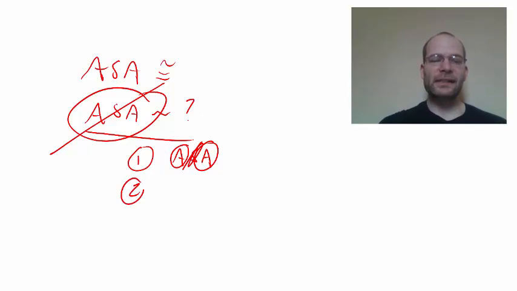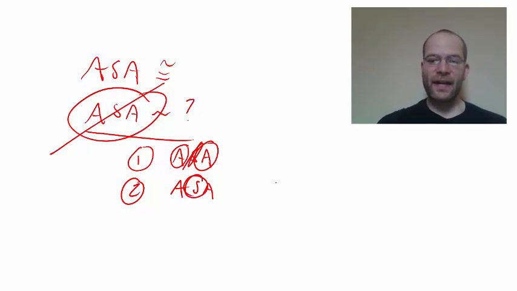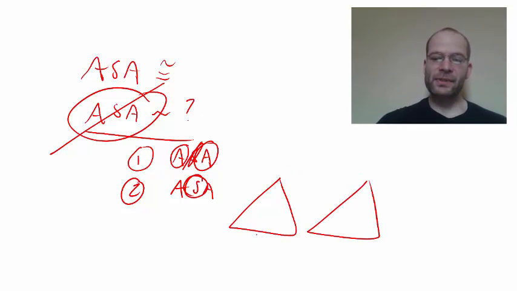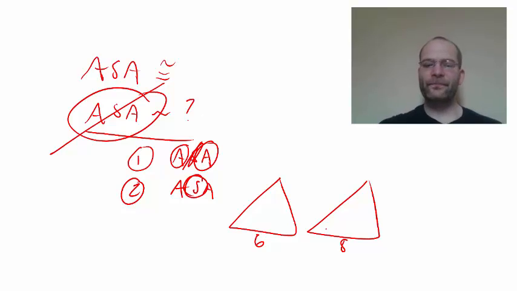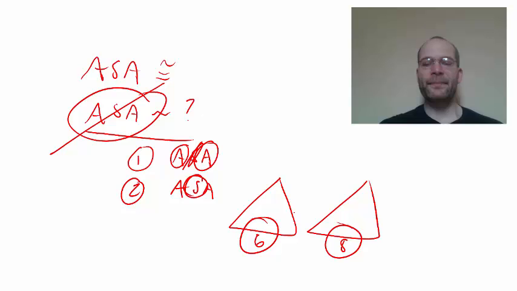It's more information than we need. The second reason is if I had angle-side angle, I only have one side as a basis of comparison. And one side by itself can never establish proportionality. So for instance, if I had two triangles, and let's just suppose this were 6 and this were 8, there's no way to establish, or to rule out for that matter, proportionality when I'm only dealing with two numbers.